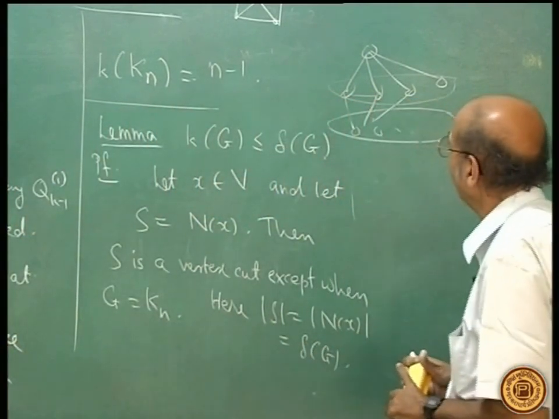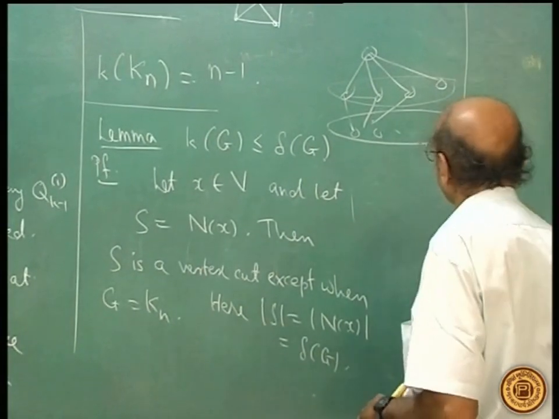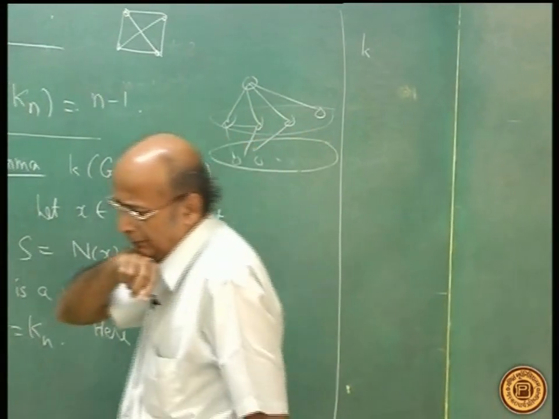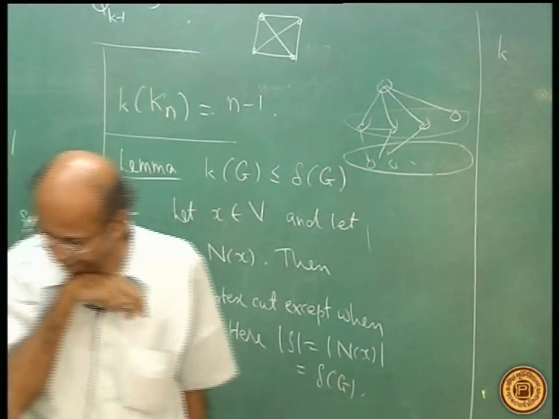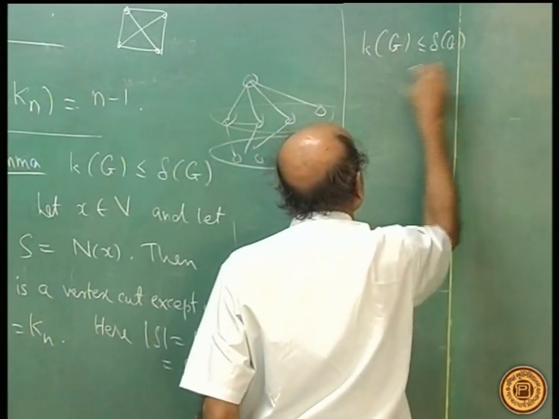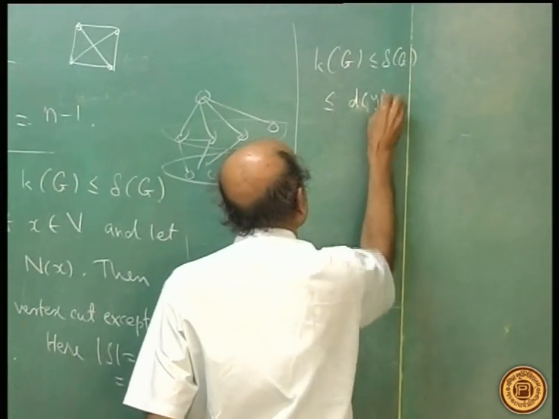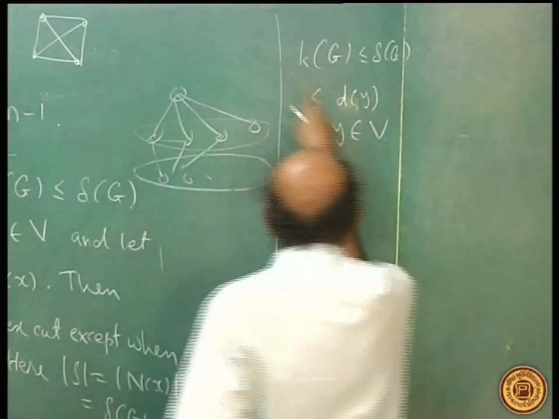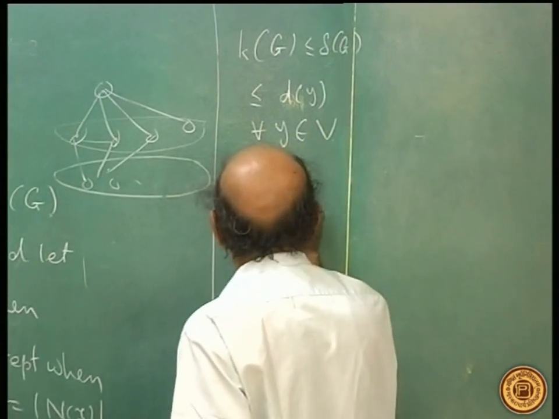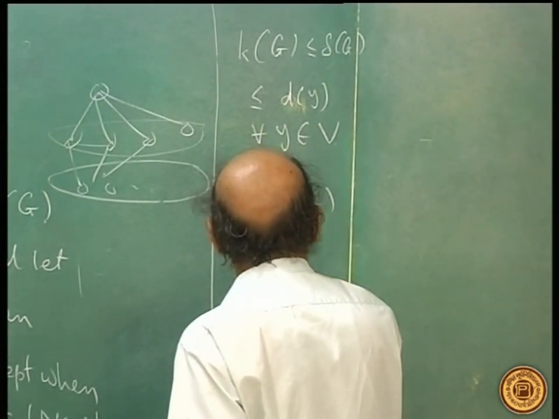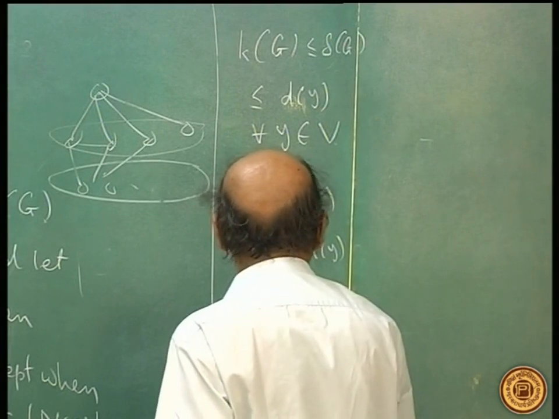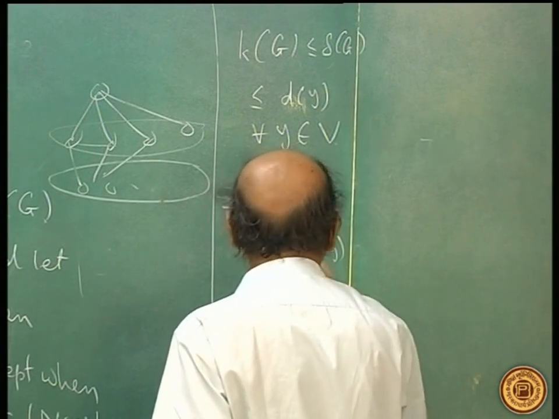What that means is, if you add up all the degrees, which is equal to 2 times the number of edges.